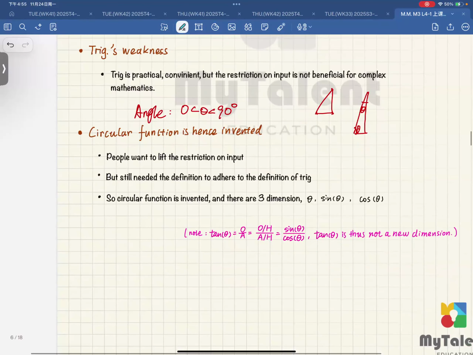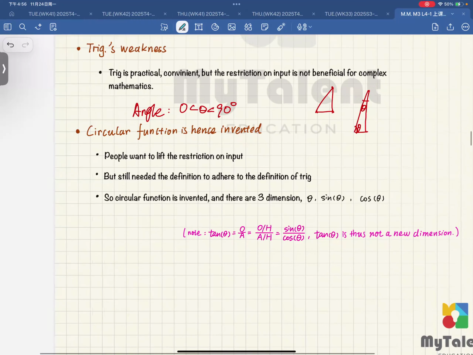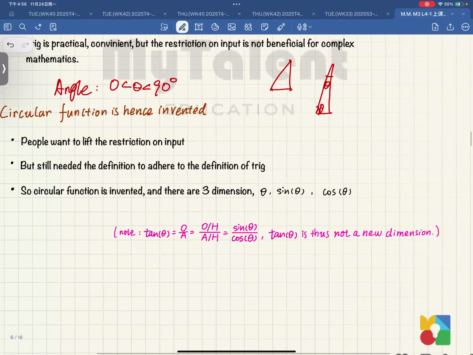So we want to lift this restriction on input, but still adhere to the definition of trig. So circular function is invented. Circular function has 3 dimensions: theta, sine theta, and cos theta. Only 3. Now you may think, where's the tangent theta?